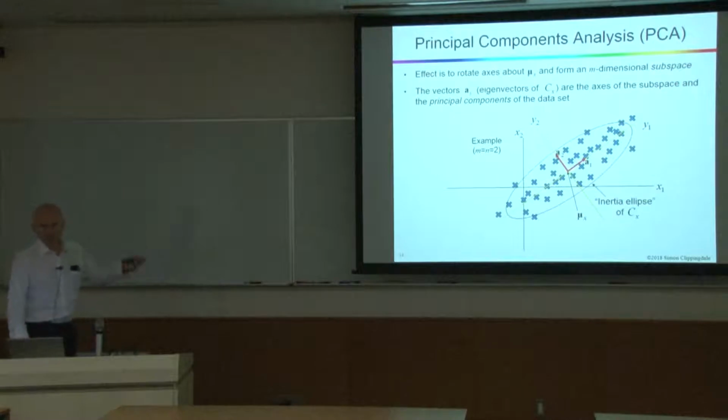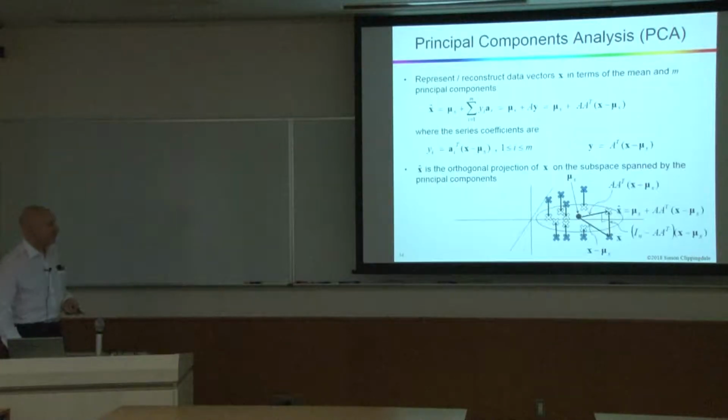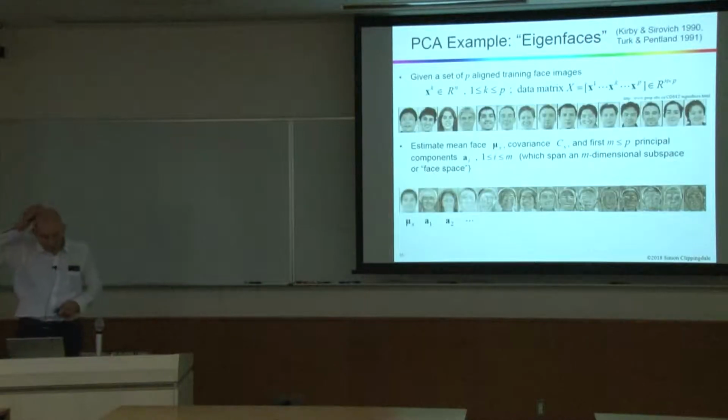And that's the most efficient way of expressing it if we're going to only encode, for example, A1. If you do that, the coefficients yi are the outputs of our transform. And another way of looking at it is that this reconstructed signal, if you will, is the orthogonal projection of the signal onto the subspace of these principal components. Don't worry too much about that.